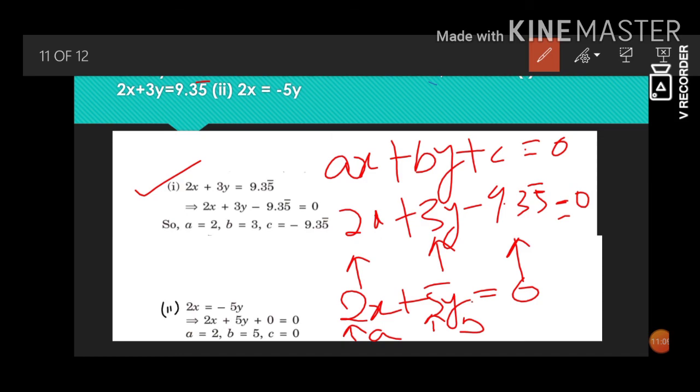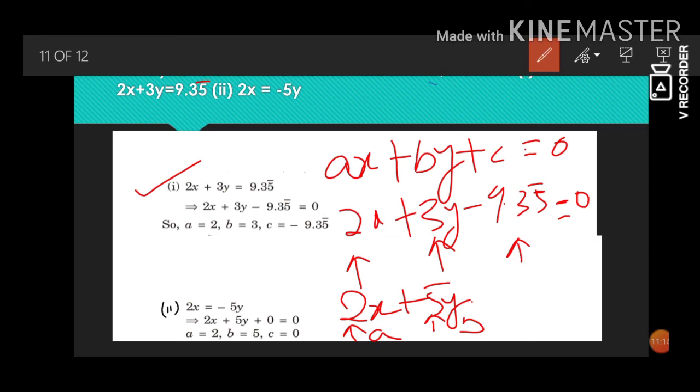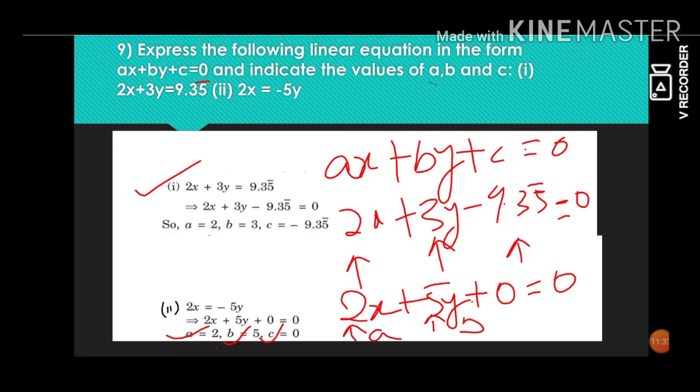So it has to be written like this if we have to express it in the linear form. So 2 is the value of a, b is the value of y, that is minus 5, and c is the constant term, that is 0. Since there is no constant term, c is equal to 0.